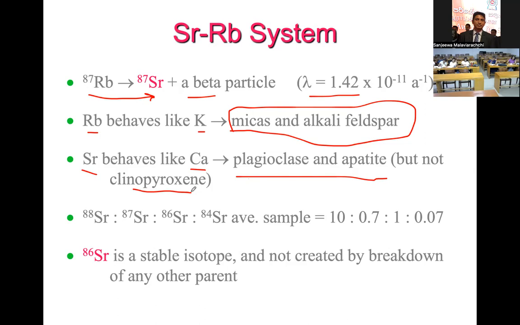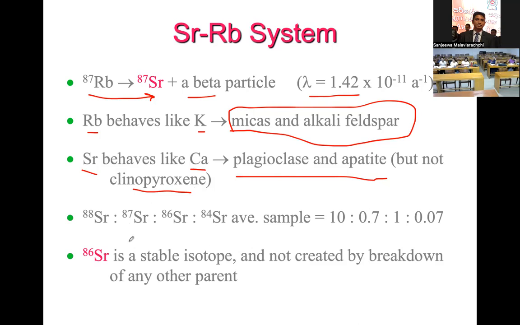These M site, T site, M1 site, like that. Depending on its shape, the amount that some of these sites can accommodate is different. That's the general meaning. Okay, so in plagioclase and apatite, a lot of strontium can be stored, but not in clinopyroxene. They can store, but not much.